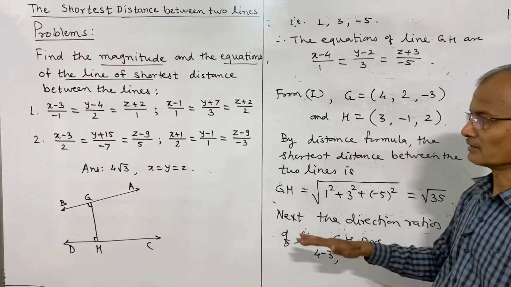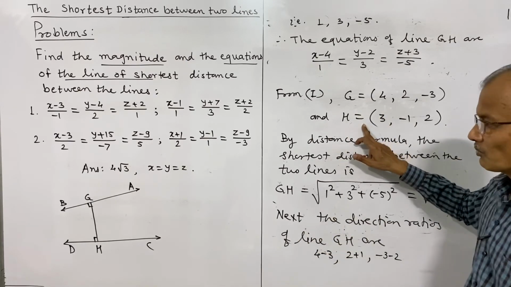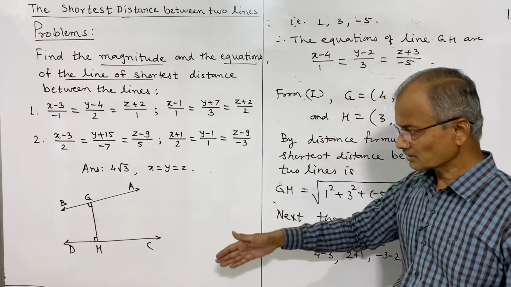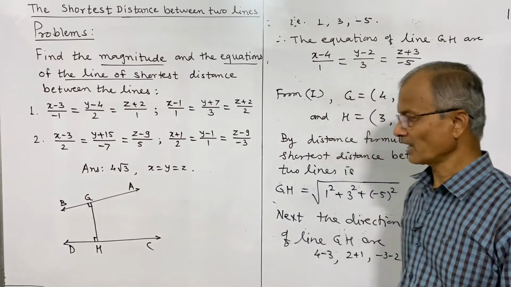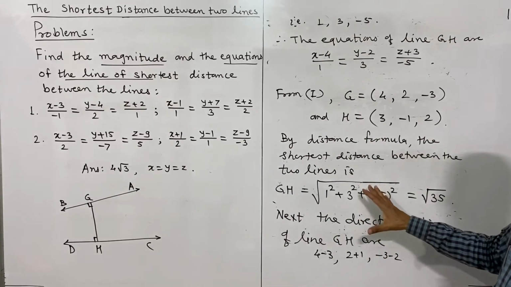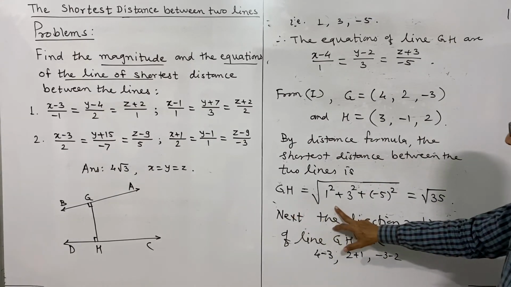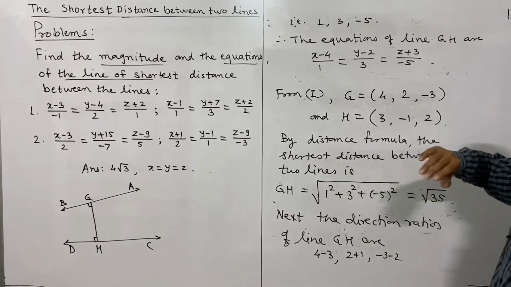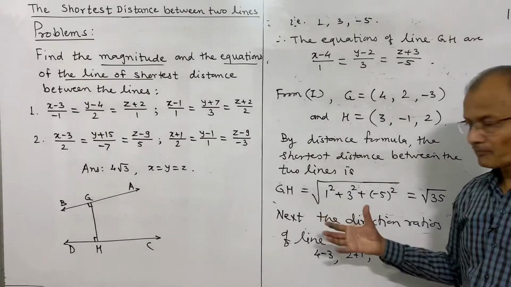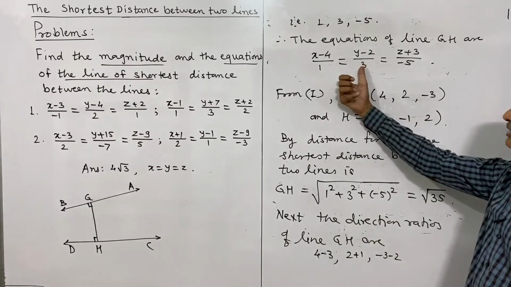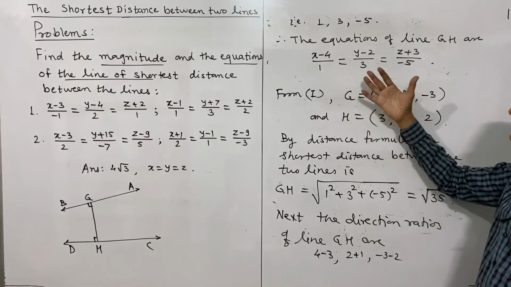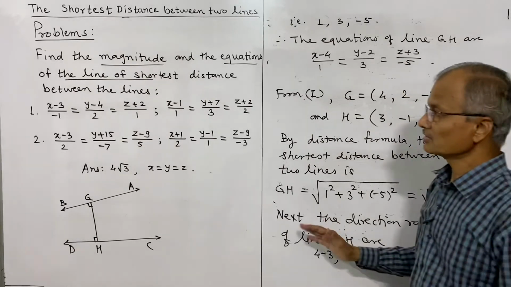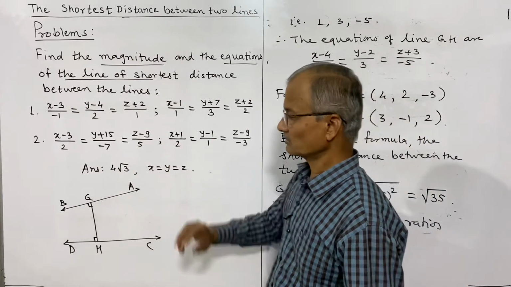It gives the coordinates of G and H, then the magnitude by the distance formula, and then the equation of line GH using the point and direction ratios. This completes the solution for the first problem.